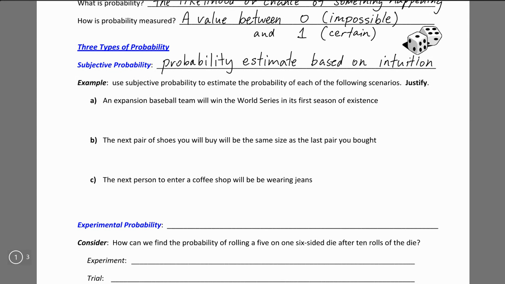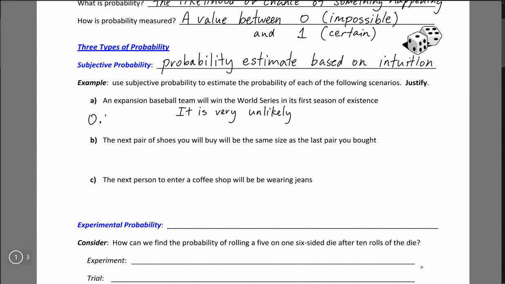So I'm going to write here, it is very unlikely. And on the left side, I left some space here. So I'm going to say, let's give this a 10% chance. So maybe 0.10, which is a number between 0 and 1, which is also the same thing as saying 10%.